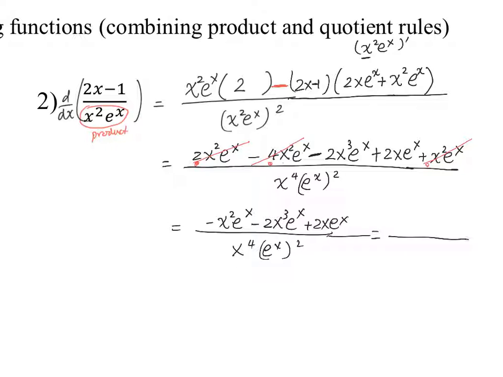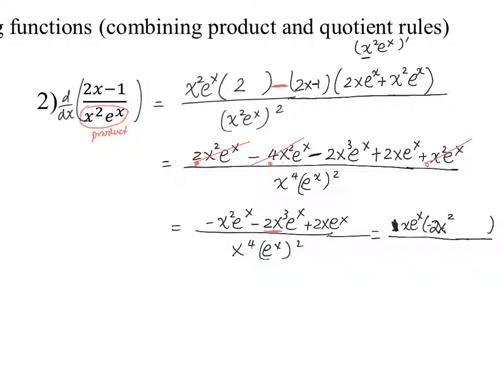And let's factor out a common factor here. So we see that 2x e to the x is the common factor. And let's rearrange the powers from the highest to the lowest. So this is the highest power. After factoring out x e to the x, we are left with -2x squared. 2 is not a common factor, I'm sorry, just x e to the x.